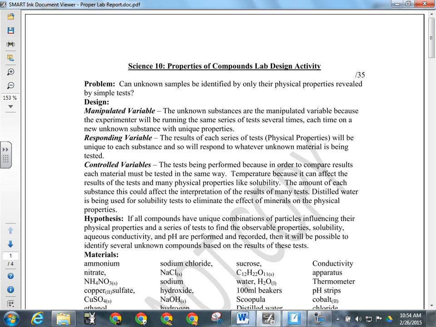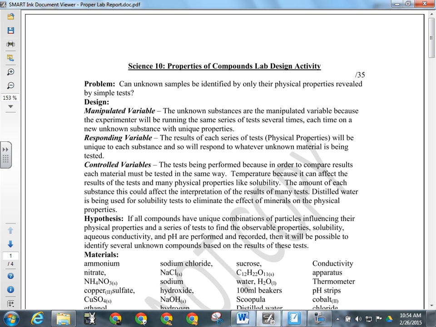So, example here. The test being performed is a controlled variable. We performed the same set of tests in the same way. And we need to do that in order to be fair. Temperature is a controlled variable because it can affect the results of the tests and many physical properties, in particular, solubility. So everything in there was the same temperature. I made sure of that because I left it in that room overnight.